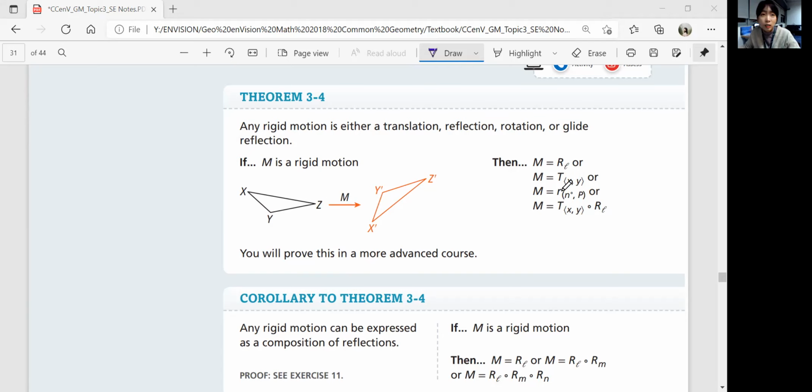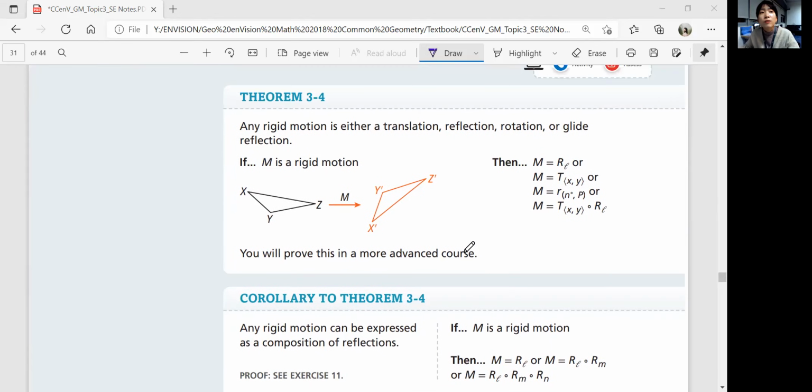Or it could be a rotation of n degrees at point P, or it could be a combination of a reflection and a translation, okay? You will prove this in a more advanced course, which is not going to be this year, okay?